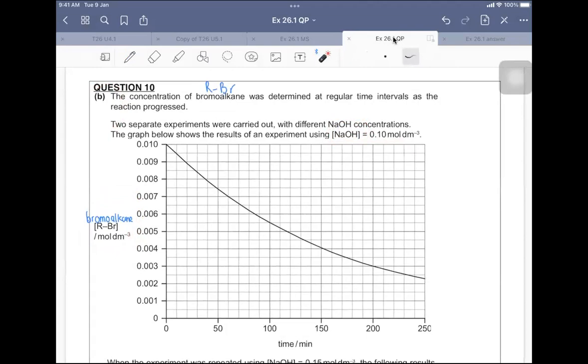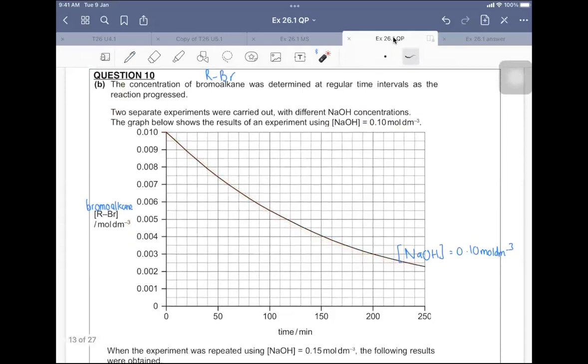So in a way, this is the graphical form of what you are usually given in terms of a table. This graph is when you use your sodium hydroxide at 0.10 mole per dm cube. So your sodium hydroxide stays constant throughout the experiment, and the concentration of bromoalkane changes.